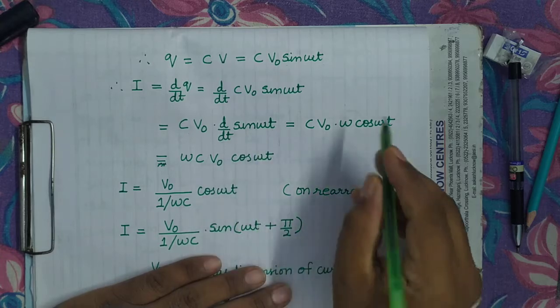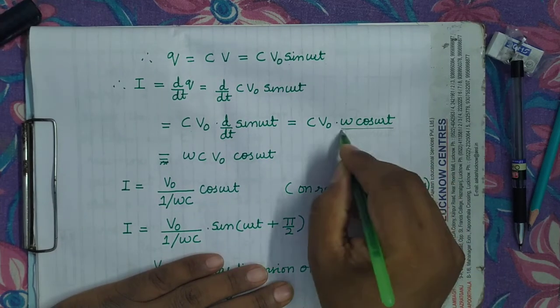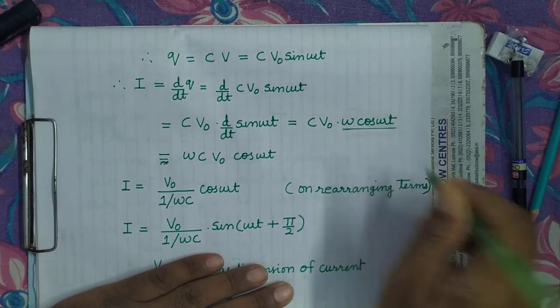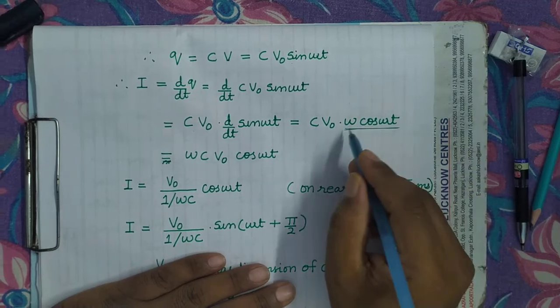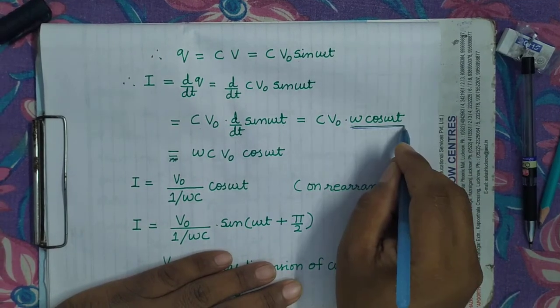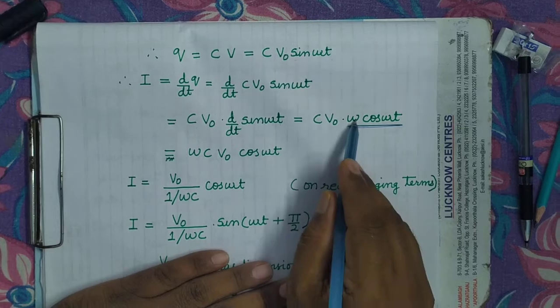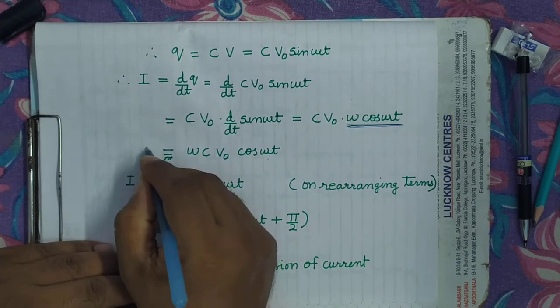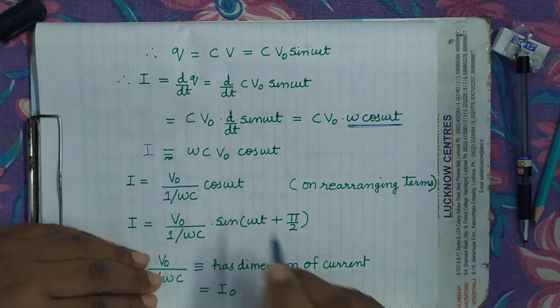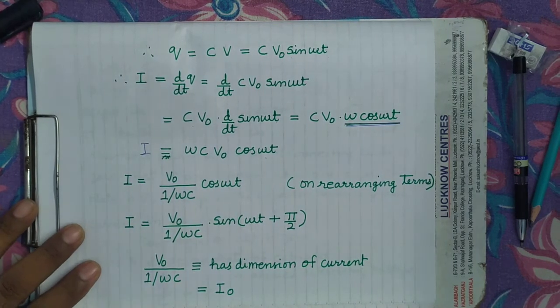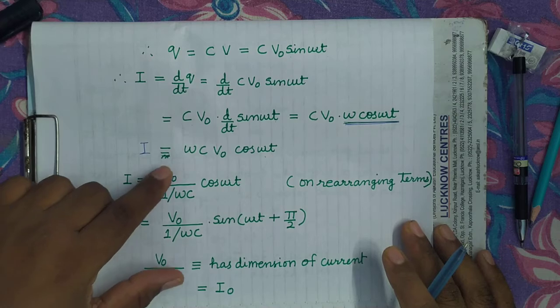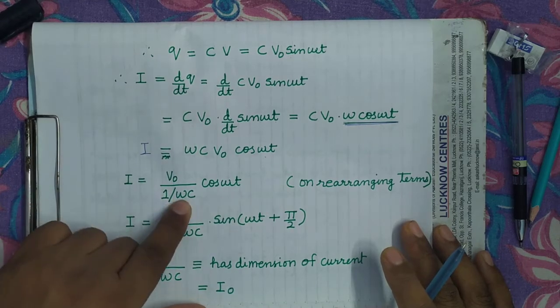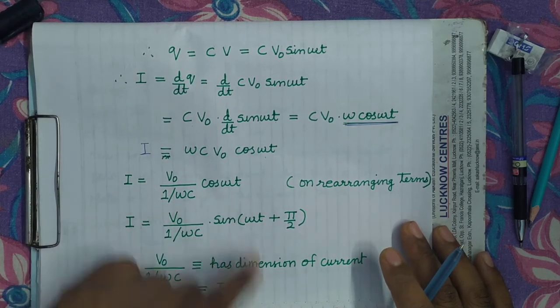And d by dt of sin omega t equals omega cos omega t. It's clear? So now rearranging the terms, omega into C into V0 cos omega t. This will be the value of I. Now we will further rearrange the terms. So I can be written as V0 divided by 1 upon omega C, cos omega t. It's clear?